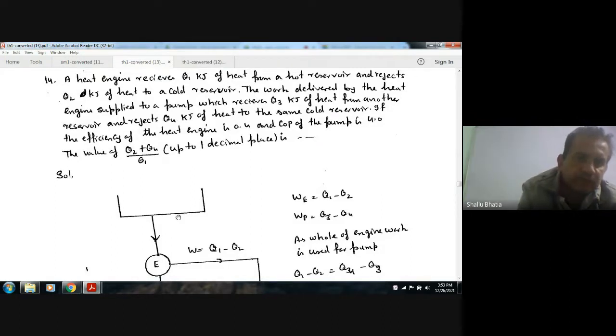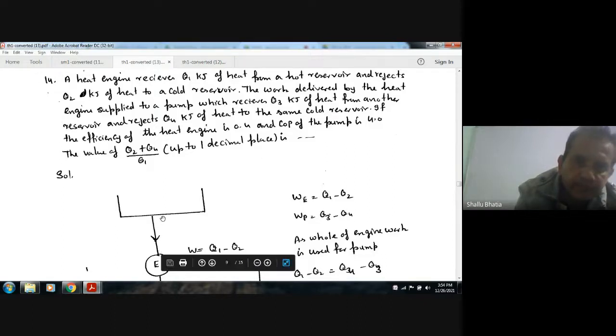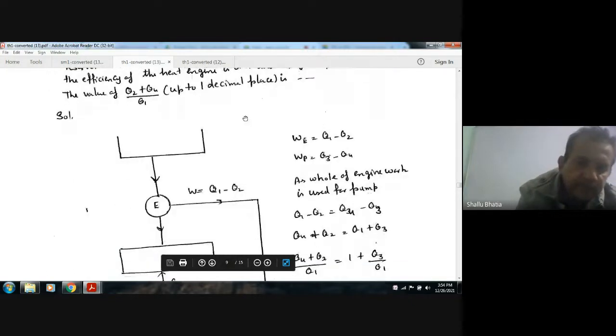If the efficiency of the heat engine is 0.4 and the COP of the pump is 4, the value of (Q2 plus Q4) divided by Q1, up to one decimal place, is? Here the engine receives heat Q1. This is the engine, and it is receiving heat Q1 from the hot reservoir and it is rejecting Q2.